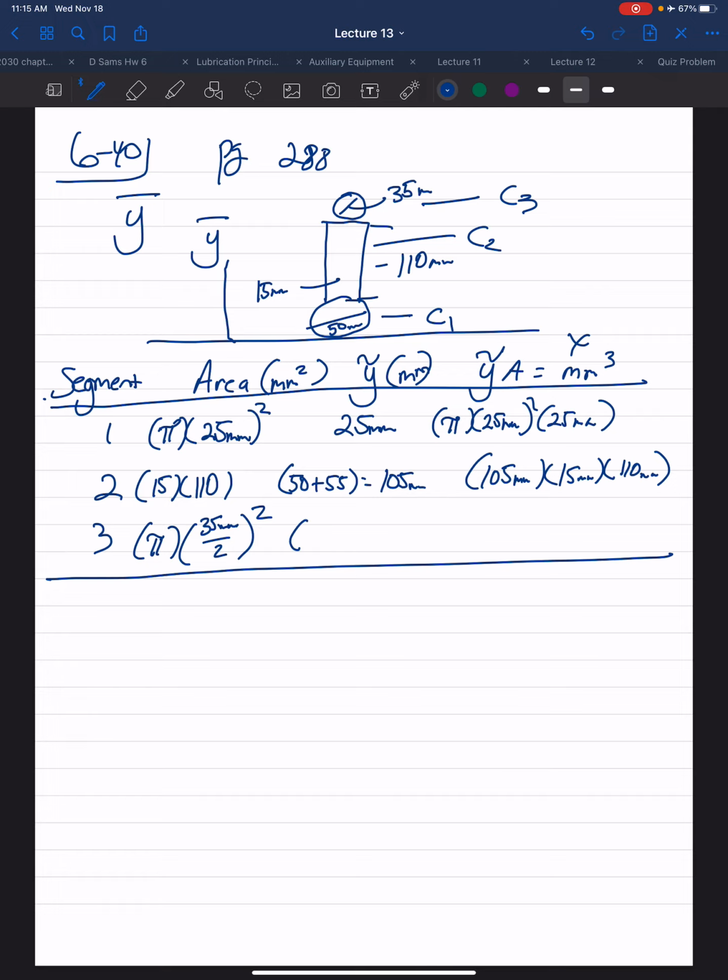So that'd be 160 millimeters plus 35 millimeters over 2 to get to the centroid of segment 3. Therefore, y wavy bar A would be 160 plus 35 over 2 times pi times 35 over 2 squared.